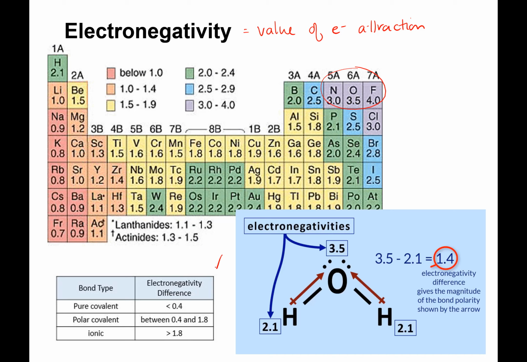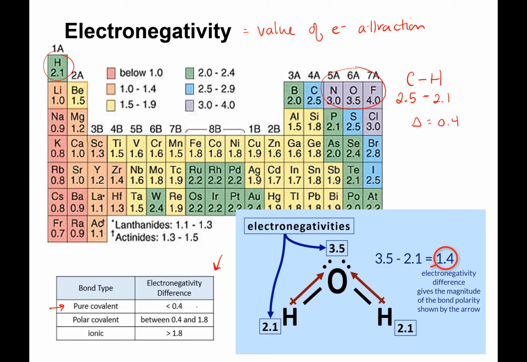If you look at this chart, a difference in electronegativity that's less than 0.4, like you will see between a C and an H. So carbon has electronegativity of 2.5, hydrogen has electronegativity up here of 2.1. The difference we write by delta is 0.4. That is a regular old covalent bond, nonpolar.